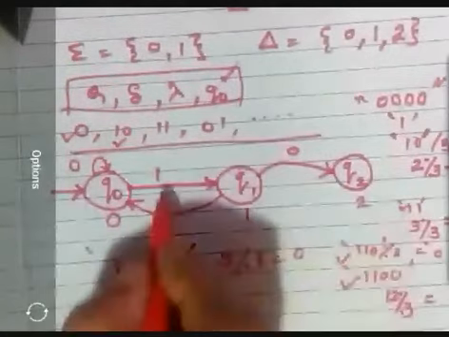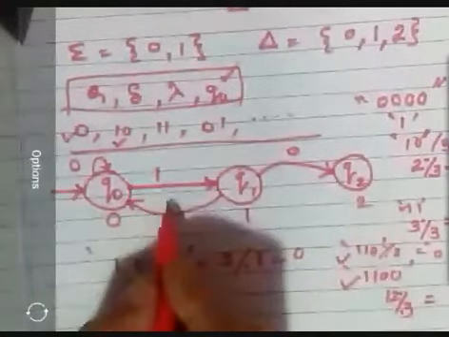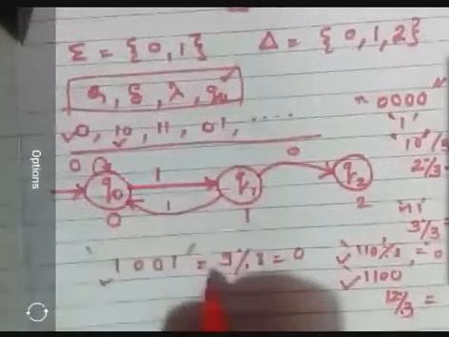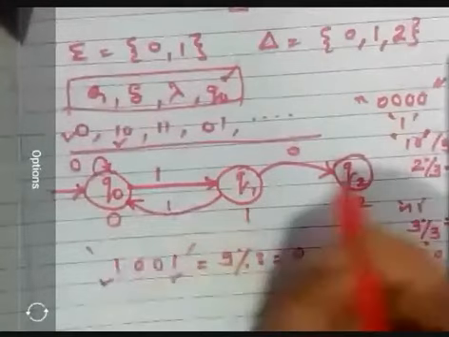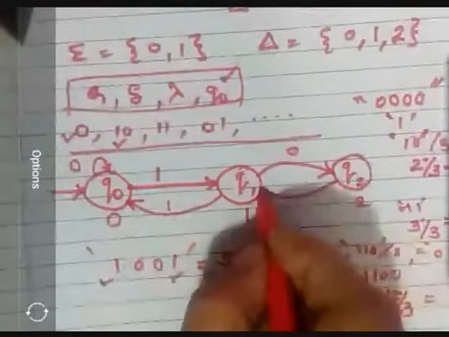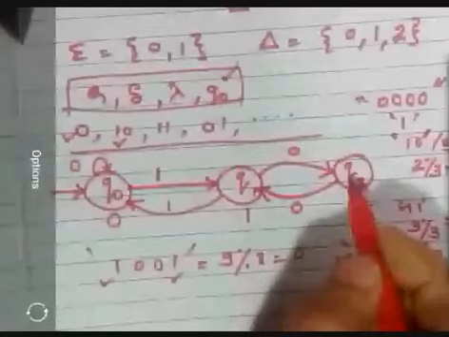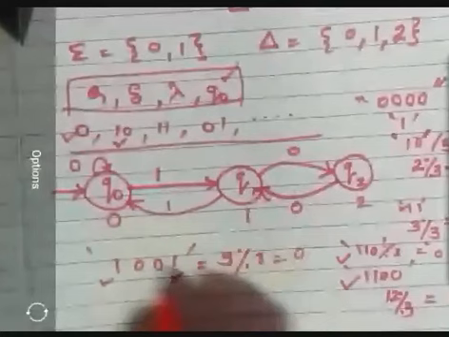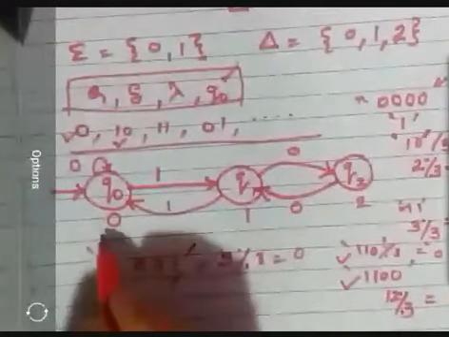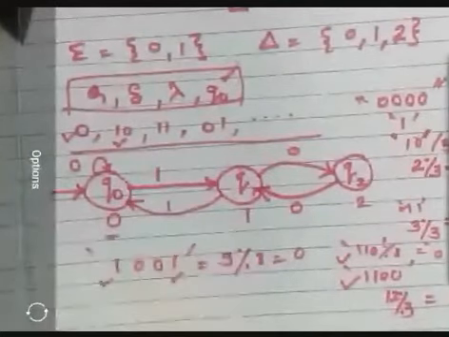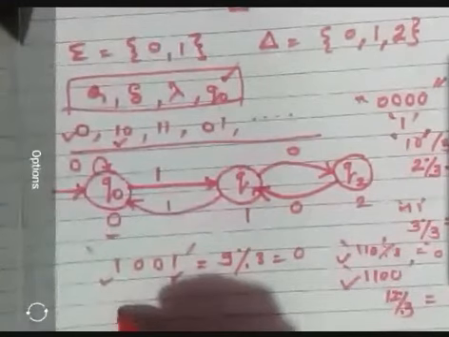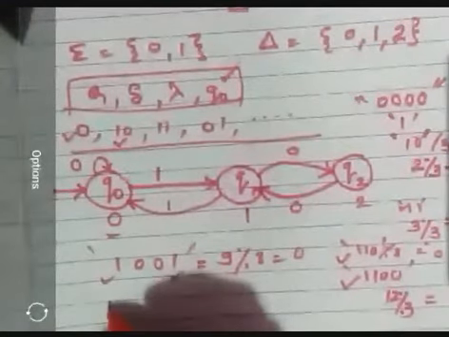Right? So if I have something like this, then I can reach back to Q0, 1, 0, 0, 1. So I'm coming back to Q0, which is indicating the residue as 0, right?